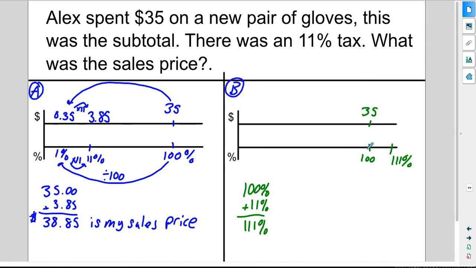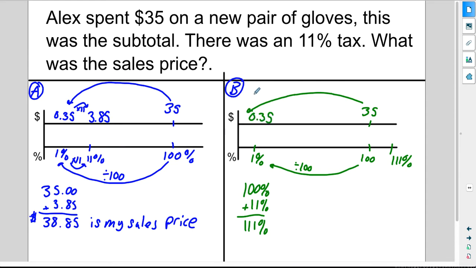So much like before, I want to find a common factor between 100 and 111. And we know from before we should use 1%. I'm still dividing by 100, and I'm going to divide my $35 by 100 again. We know that's 35 cents.